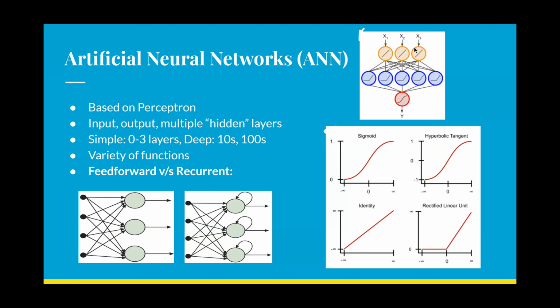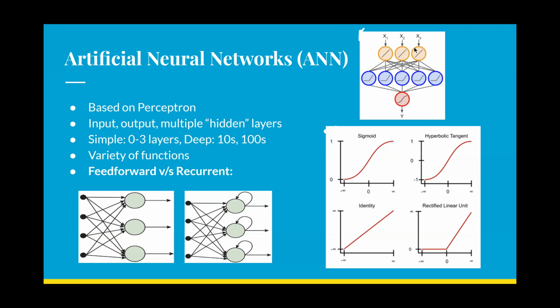Now, the perceptron had the sigmoid function in the previous slide. But in case of artificial neural networks, a variety of functions can be applied. Like on the right bottom side, you can see sigmoid, hyperbolic tangent, identity, and rectified linear unit functions. These apply different functions on the data and convert it into different ranges.